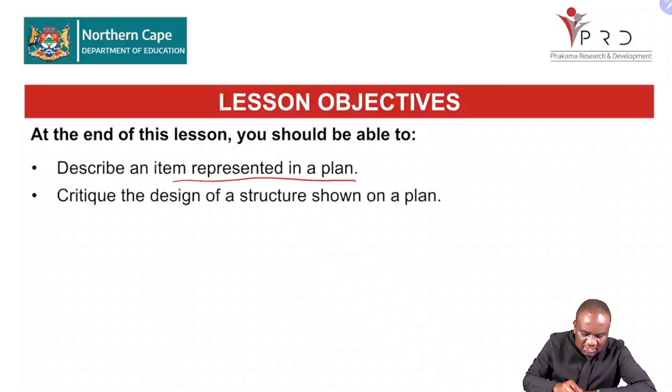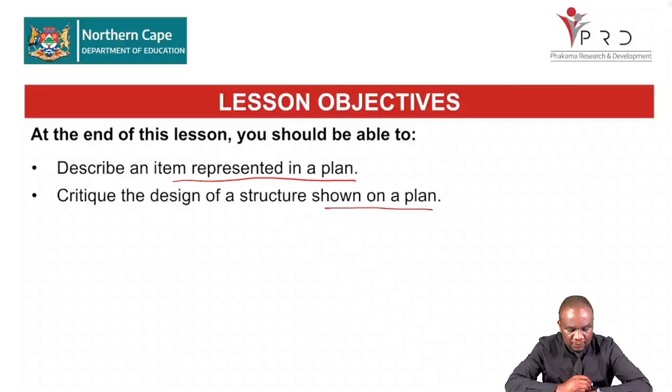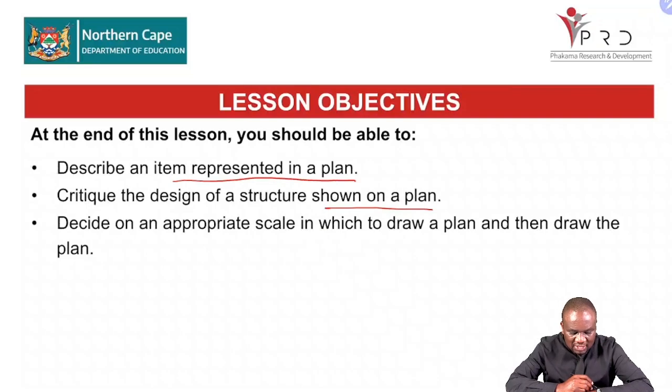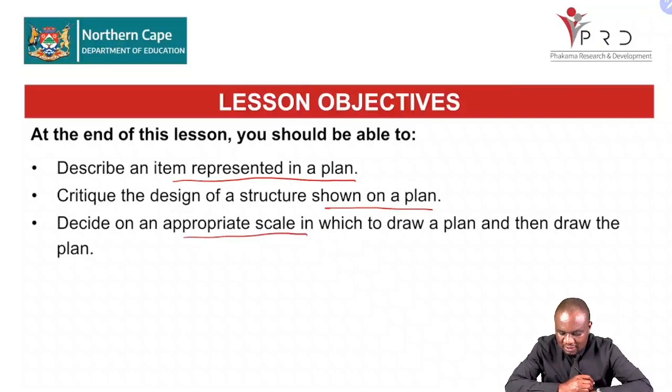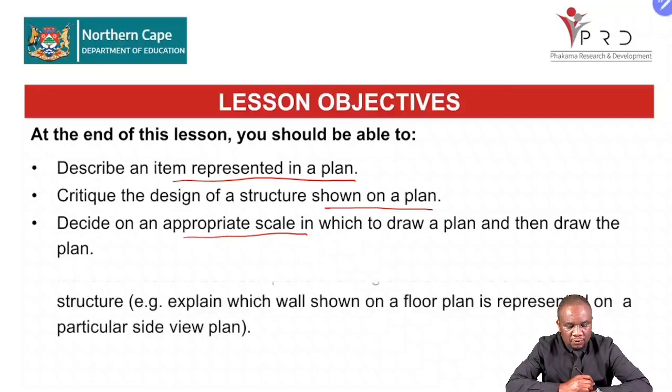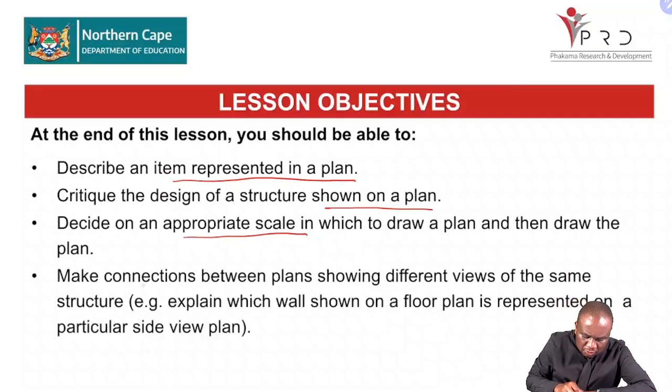Right, we're going to critique the design of a structure shown on a plan. Right, and then we're going to decide on an appropriate scale in which to draw a plan and then draw the plan.